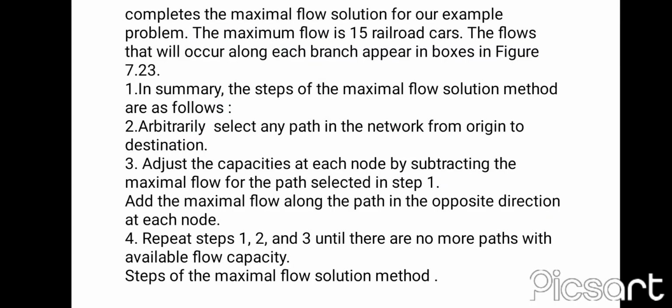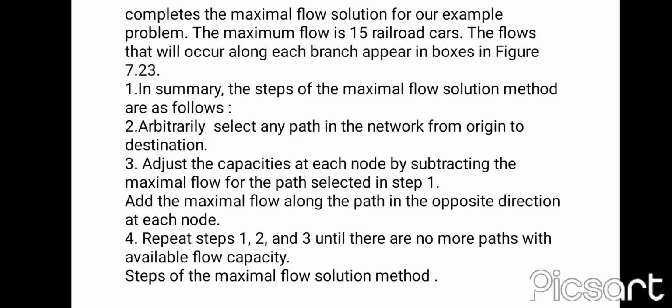Now we complete the maximal flow solution. For this example problem, the maximal flow is 15 railroad cars. The flows that will occur along each branch appear in boxes in figure 7.23.